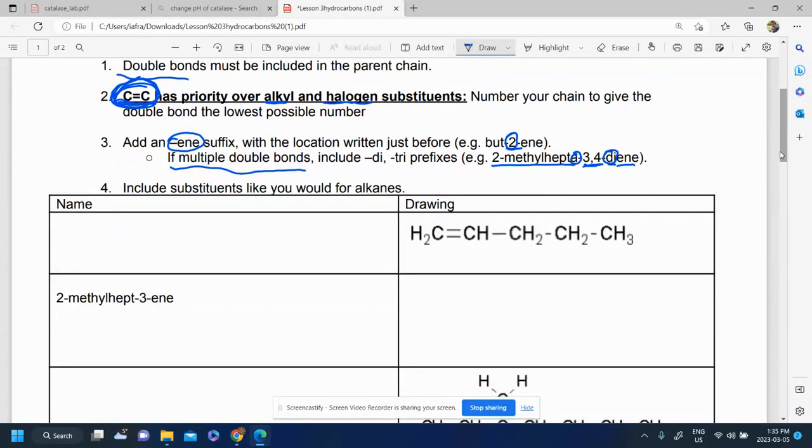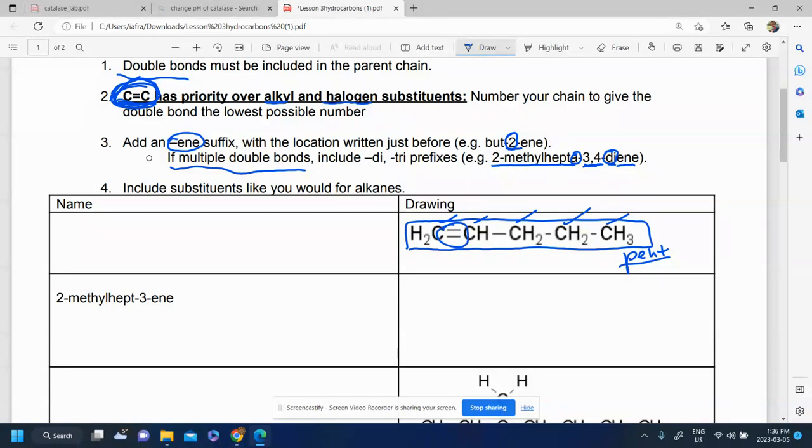So let's start with naming. First, we're going to identify our parent chain. There's only really one chain here, and this is it right here. We have to see how many carbons are in there. There's 1, 2, 3, 4, 5 carbons. What that means is that we're dealing with a pent type of molecule. But we know it's not a pentane molecule because there's a double bond here.